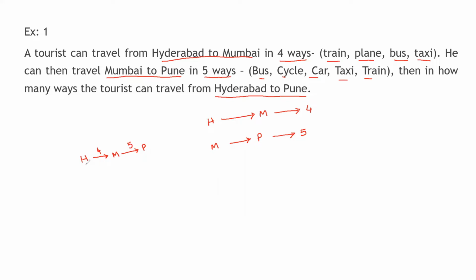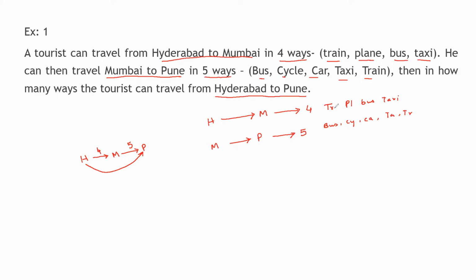Now the question is, to reach from Hyderabad to Pune, how many ways can I take? Let us take here: train, plane, bus, and taxi. Here we have bus, cycle, car, taxi, and train.